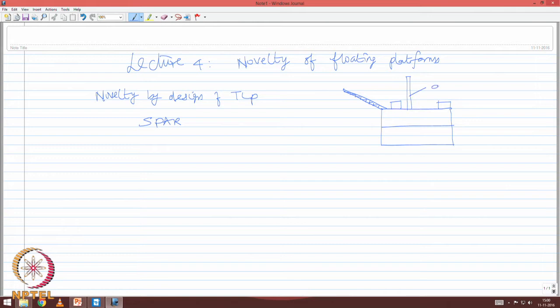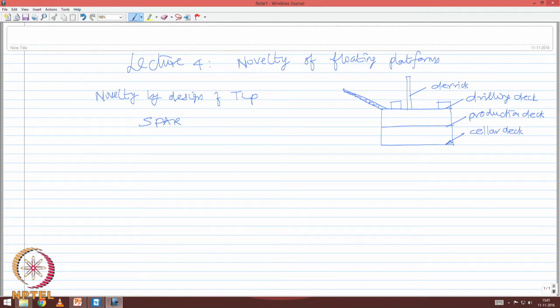So, this is maybe a drilling derrick, etc. This is what we call the cellar deck. This we can say is the production deck. This of course is the drilling deck. So, this becomes the top side detail where all other electromechanical equipments are housed.